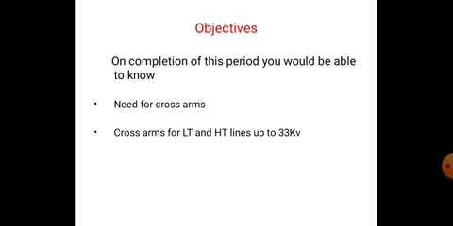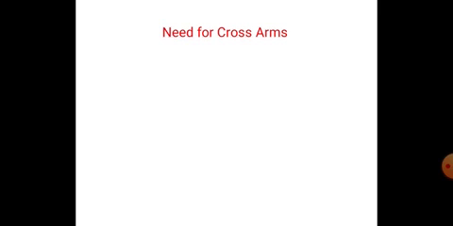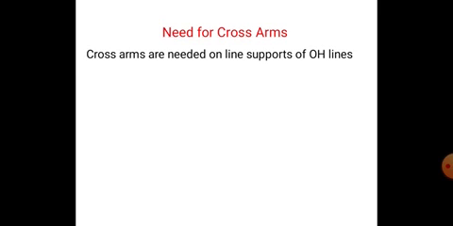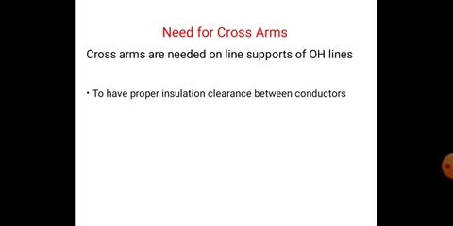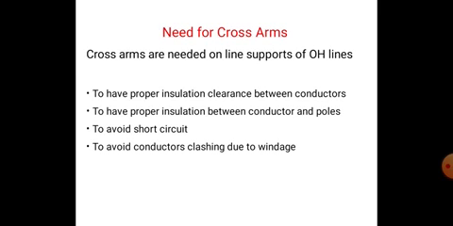To increase the spacing between the conductors. To have proper insulation clearance between the conductors, we need cross arms, and to have proper insulation between conductor and poles, to avoid short circuit, we are using cross arms, and to avoid conductors clashing due to windage.